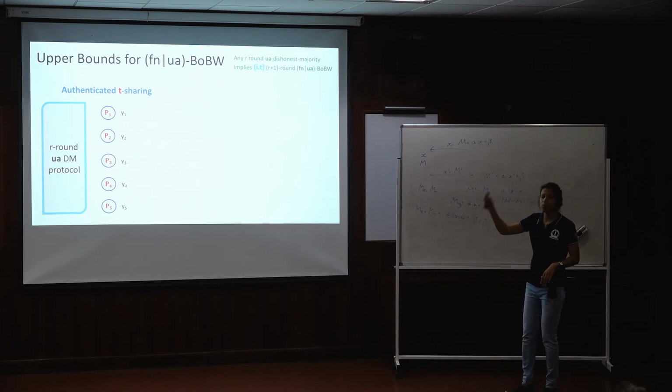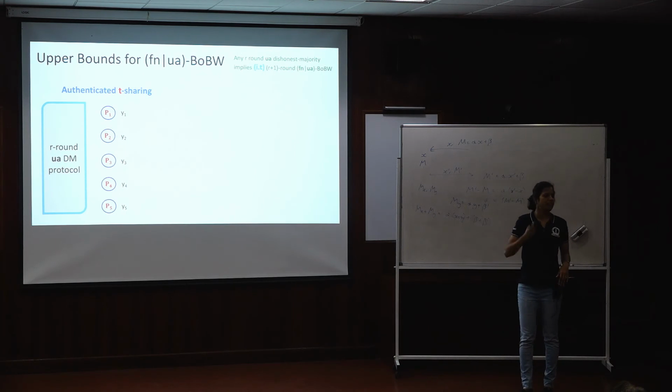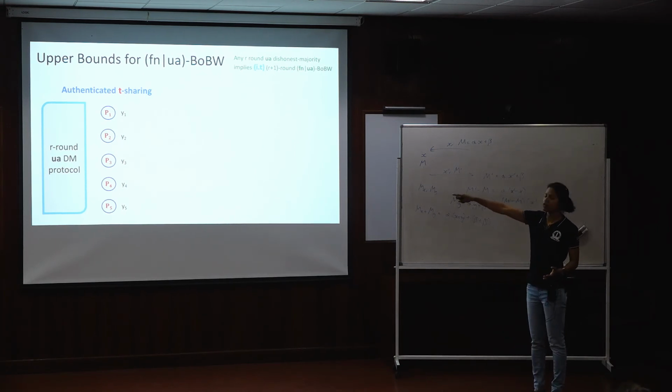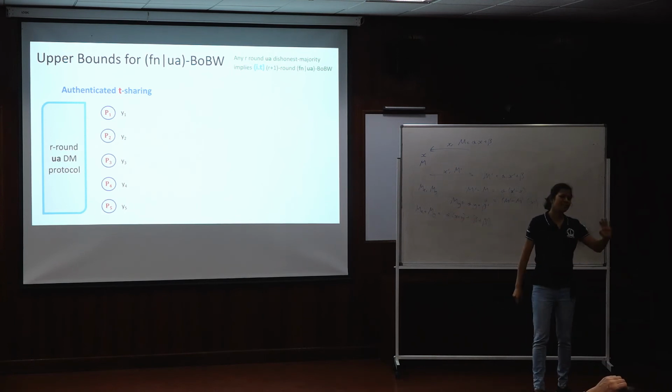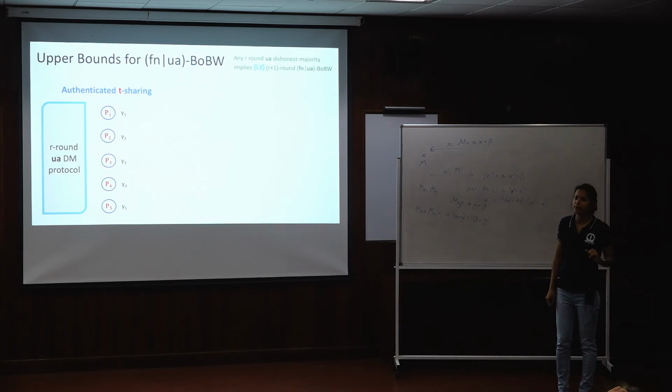Let's say y is supposed to be the output of the function that we want to compute. Now we are using the dishonest majority protocol to compute a t-sharing of the output, let's say y1, y2 up to y5. Let's assume we have just 5 parties, so y1 to y5 are the shares of the output.